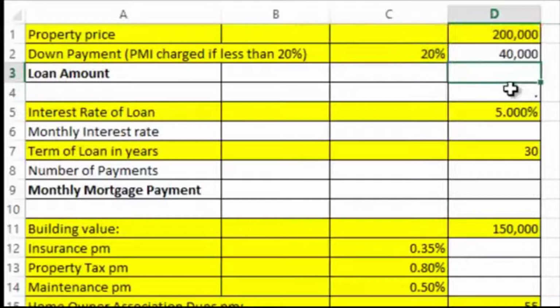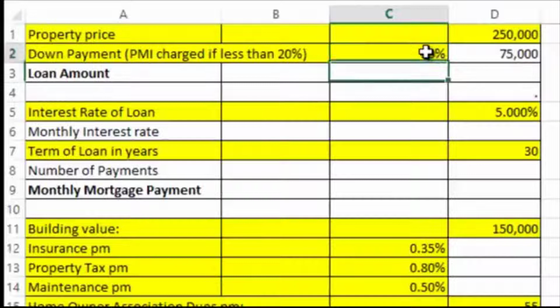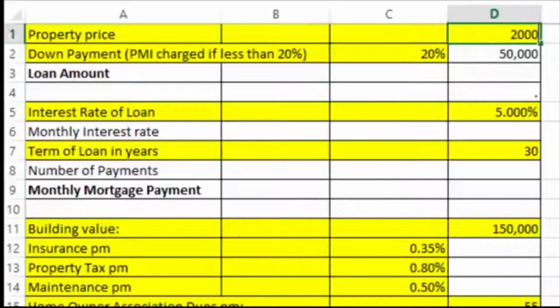Now the reason we do it that way, as I said, is that if I change this to 250,000, if your house price changed or whatever, then your down payment would change. If you want your down payment to be more or less, then it would change like that. So the whole point of referencing cells is so that we can change our inputs, right?